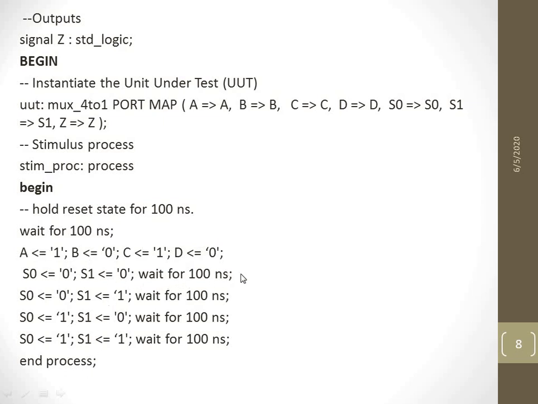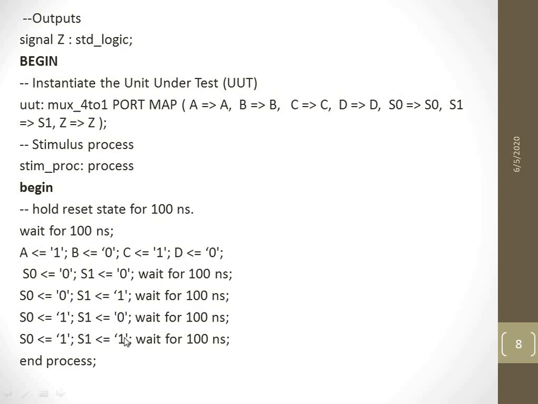But if you want to change for every state, even that also we can do. Here I can make A1, B1, C1, D1, S0, S1, S00, S10, wait for 100 nanoseconds. Every time if I want to change, I can change, or else at once I can initialize the inputs and then keep on changing the selection.